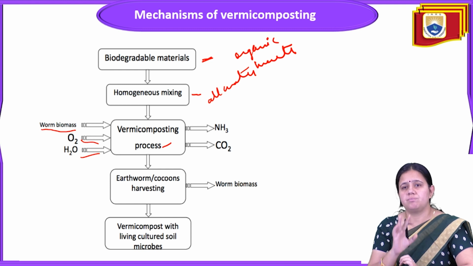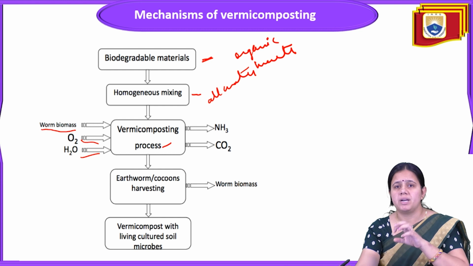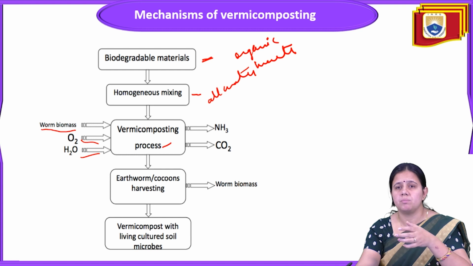The most important thing with vermicomposting is maintaining the actual requirements of the site, because if we provide better conditions for the earthworms' survival and growth, then only can they work better and degrade better.